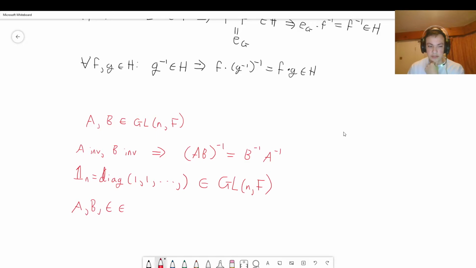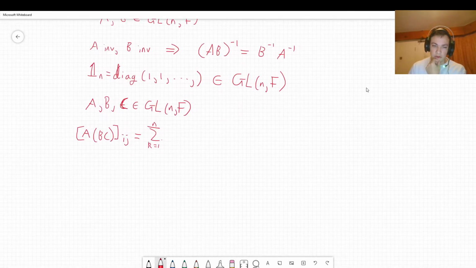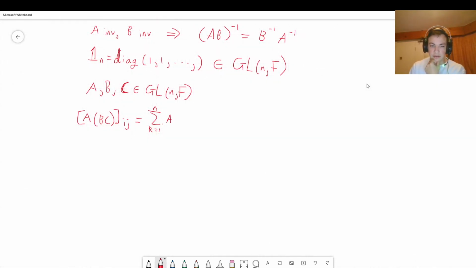If we take A, B, C in the general linear group, then the ij-th element of A(BC) is the sum over k equals 1 to n of A_ik (BC)_kj, which is the sum from k equals 1 to n of the sum from l equals 1 to n of A_ik B_kl C_lj.